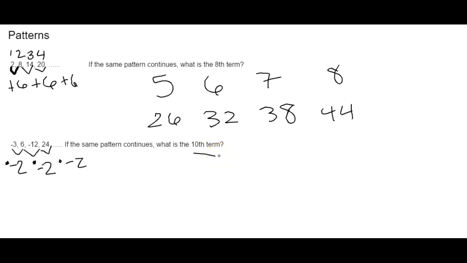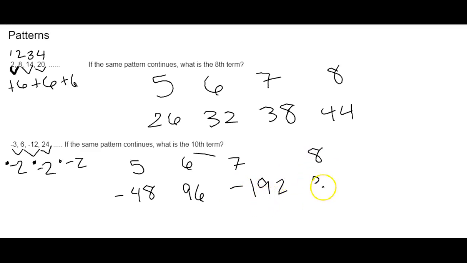This time we want the 10th term. So we have 4 terms to start with again. Our 5th term, 24 times -2, is -48. -48 times -2 is +96. +96 times -2 is -192. -192 times -2 is +384. +384 times -2 is -768.